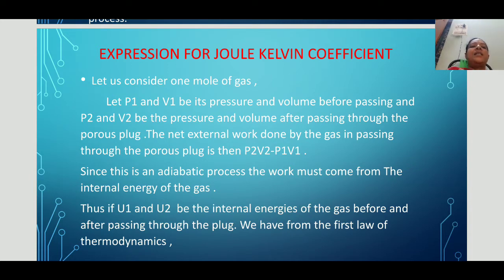When the gas passes through the porous plug, work is done by the gas. How much work is done? That is P2 V2 minus P1 V1. This is the work done against the intermolecular forces of attraction of the gas.